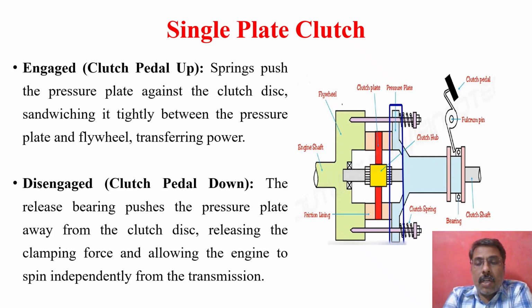Under the engaged condition, the spring pushes the pressure plate against the clutch disc, tightly between the pressure plate and flywheel. Due to the tightening of these two elements, the power is transferred from the flywheel to the driven unit.